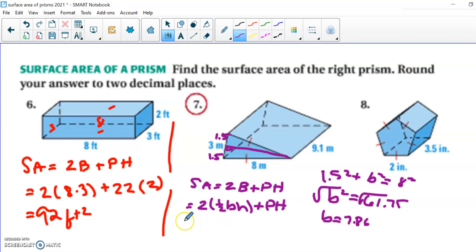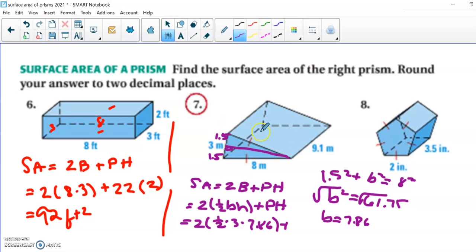Okay, so now let's go ahead and put in everything we know. We have 2 triangles, and the base of our triangle we're given is 3. The height of our triangle we just calculated using Pythagorean Theorem, which is 7.86. Now if we do the perimeter of our base, we're going to take care of the 3 rectangles that wrap around it.